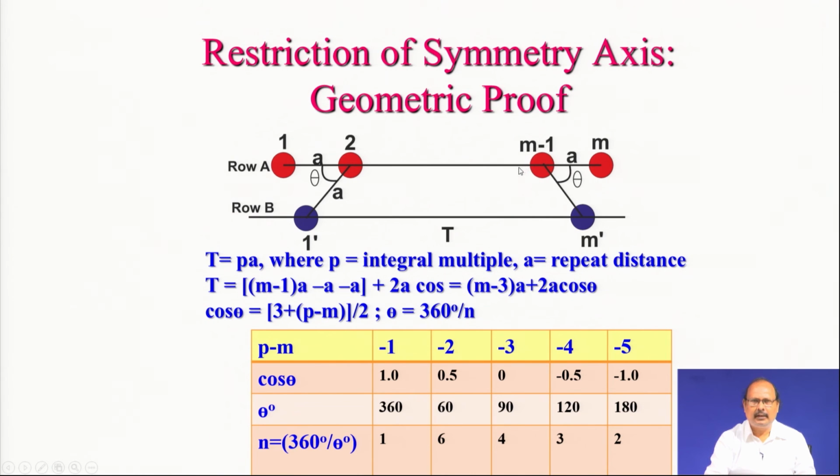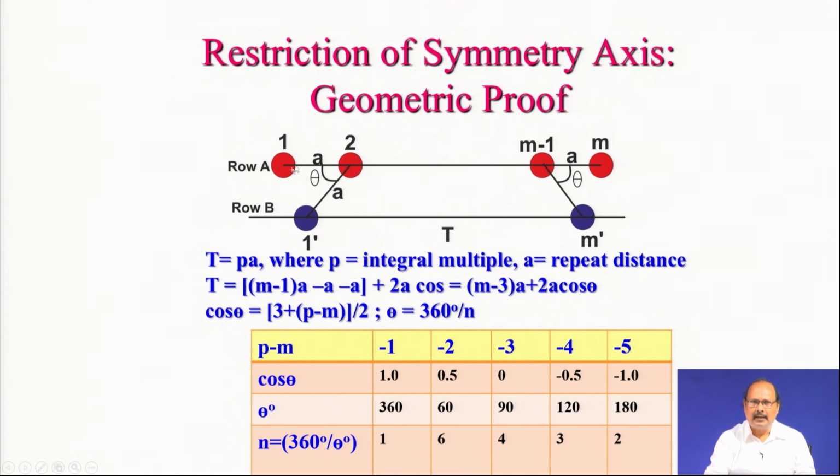The distance between 1 and mth position is m minus 1 into a, and then for the distance between 2nd position and m minus 1th position, I subtract a and a from both ends. So, we have m minus 1 a minus a minus a, that is m minus 3 a. That will be the distance between 2nd position and m minus 1th position.